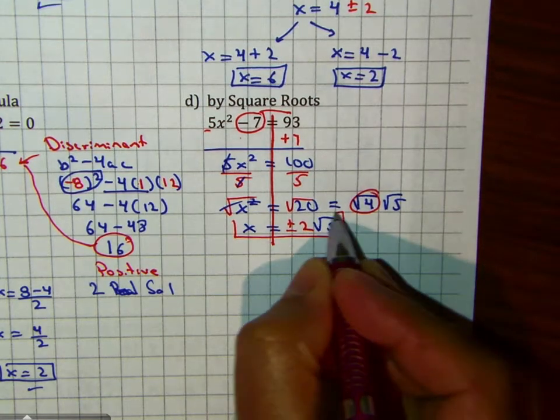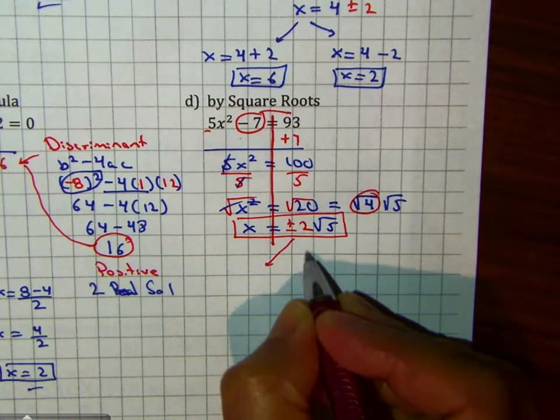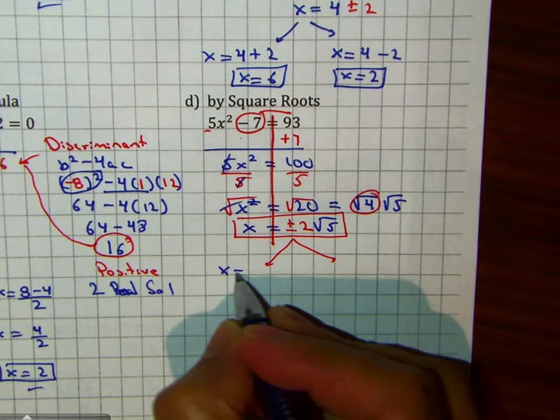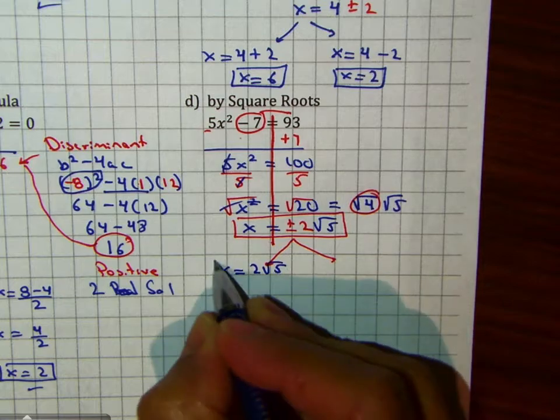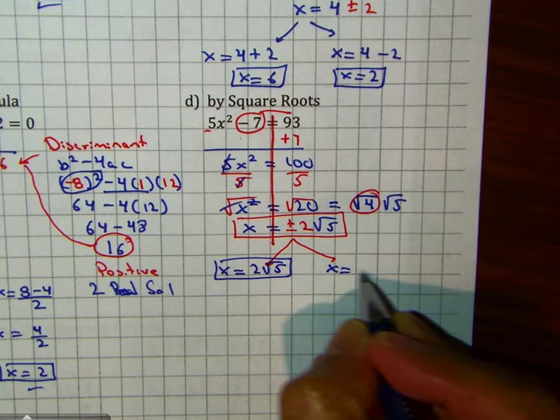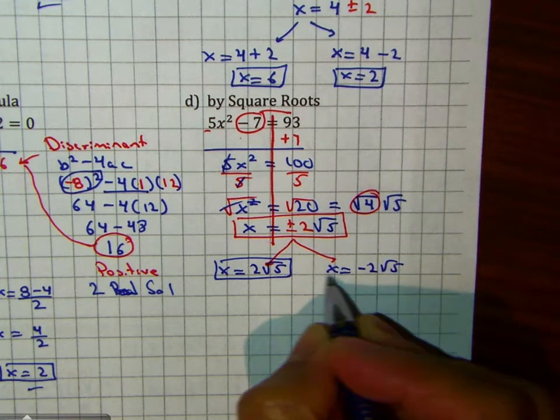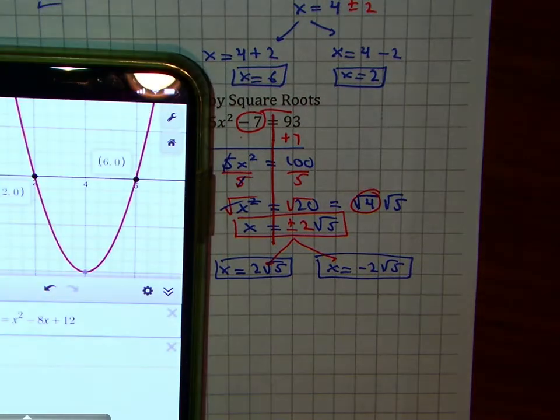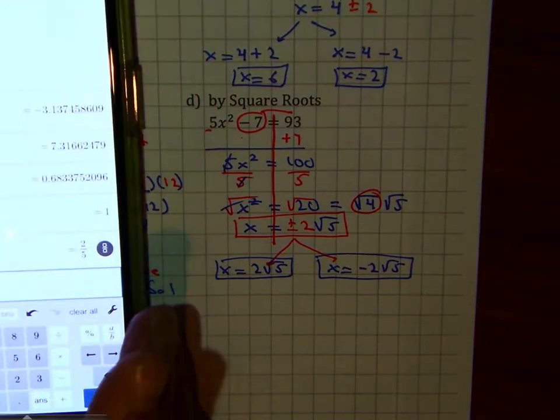Now sometimes you guys will see your answer as this. Sometimes you will see it separated, where we have x equals 2 square root of 5 and x equals negative 2 square root of 5. And sometimes you will see it as a decimal.